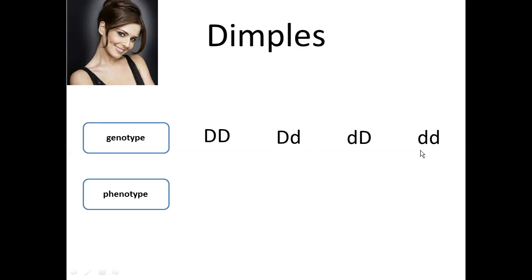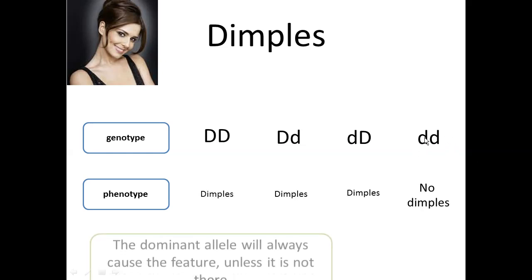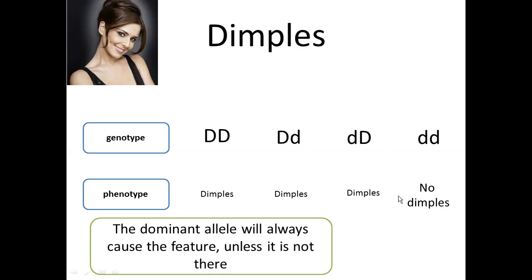Instead, the 4th one will be the phenotype without dimples because you have the 2 recessive alleles. They are not linked with dimples.